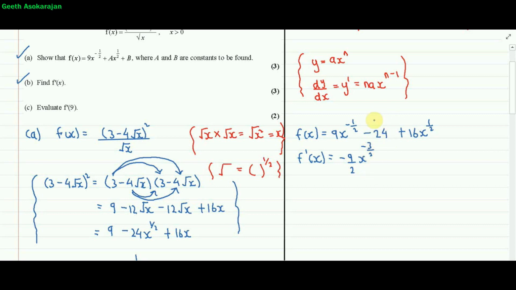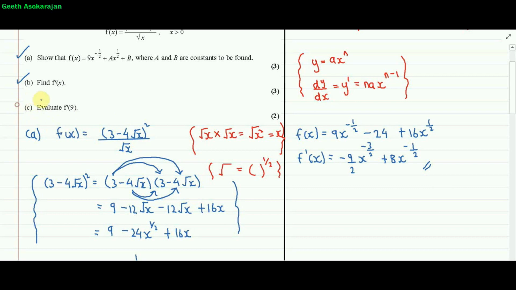When I differentiate any constant, any term independent of x, the answer is 0. And if we differentiate the third term using the basic rule, multiply by the power, half times 16 is 8. Subtracting 1 from the power, half minus 1, minus half. So that should be the solution for f prime x.